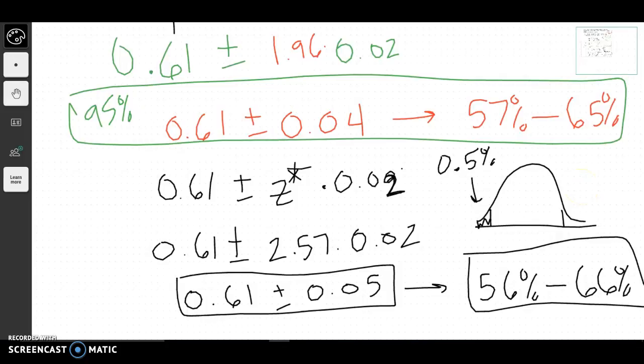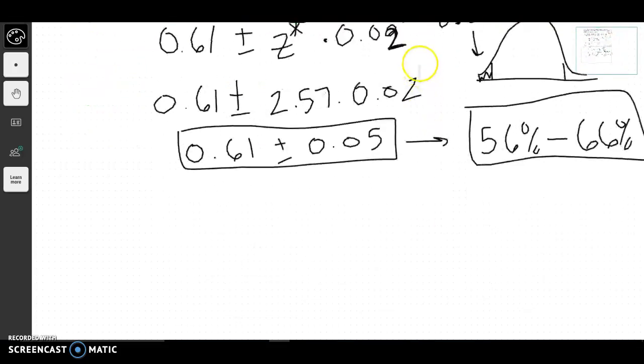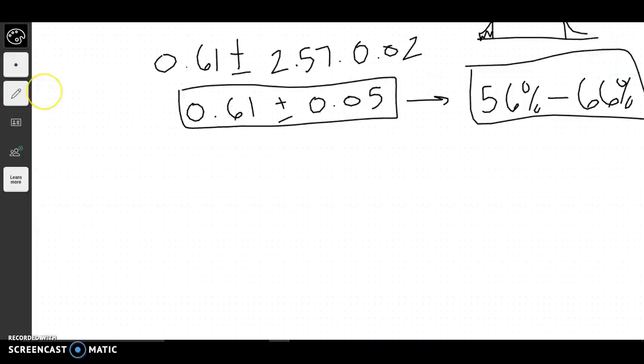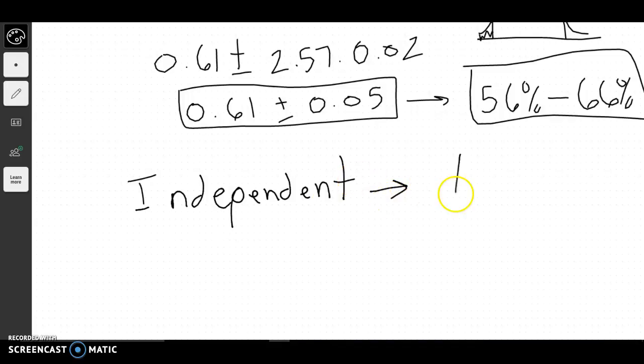So everything that we did yesterday is pretty much the same thing. Nothing else really changes except for what you need to do. Like for the conditions to apply, if I want these things to be independent, that's that 10% rule we did before, where you can't take samples bigger than 10%.